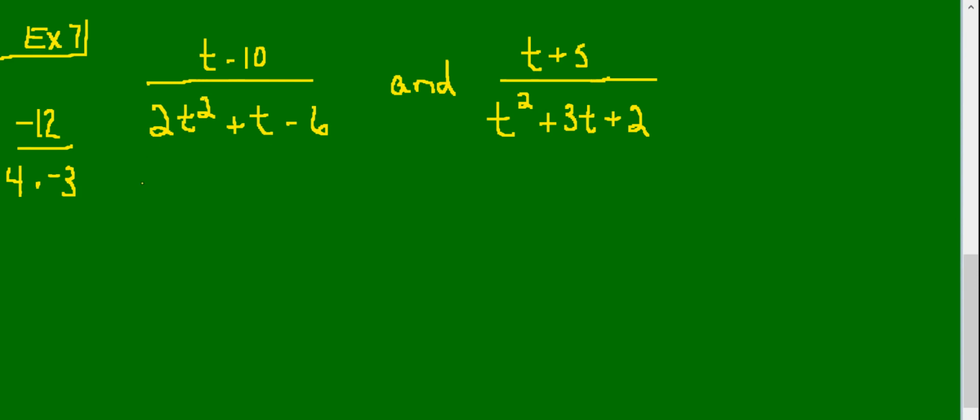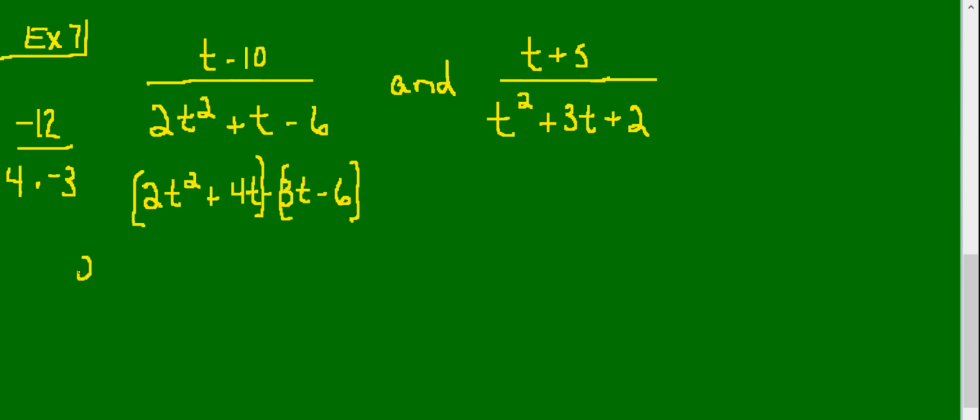So what do I do next? I rewrite the problem. 2t squared plus 4t minus 3t minus 6. Okay, now I'm going to factor each of these binomials.